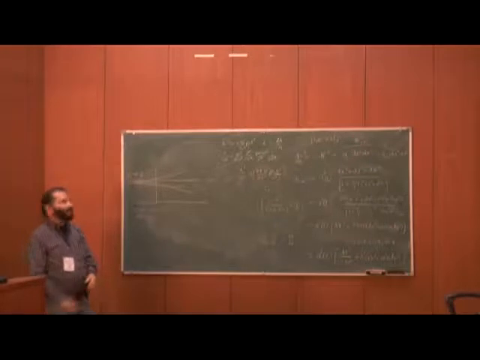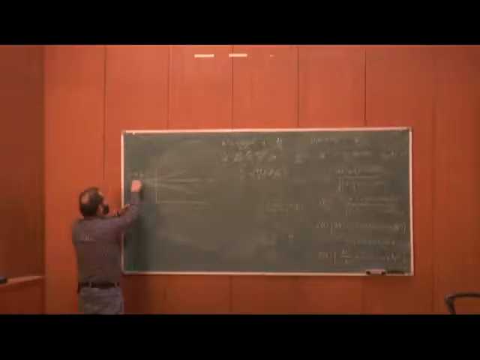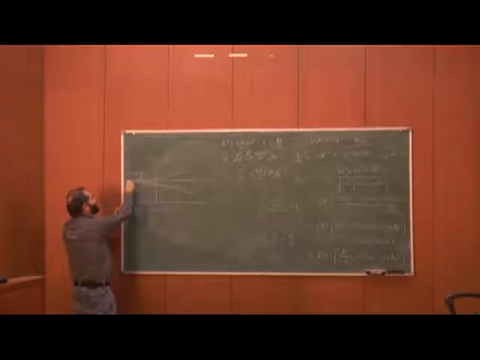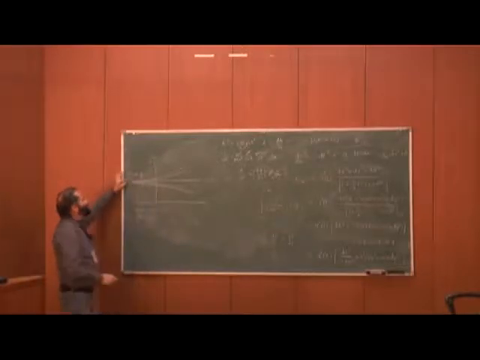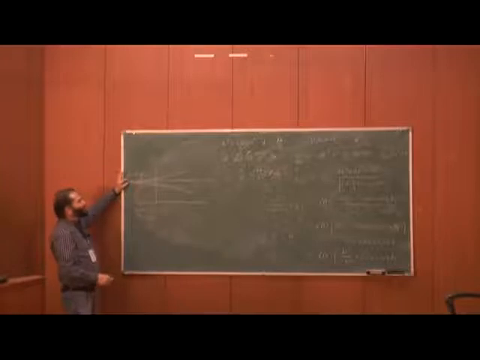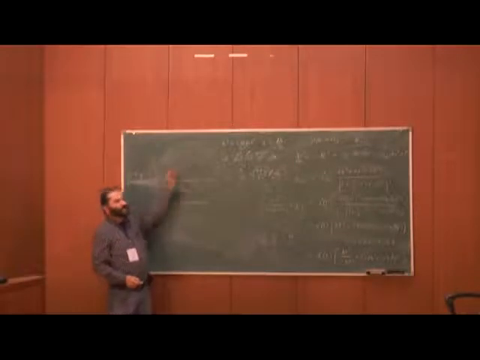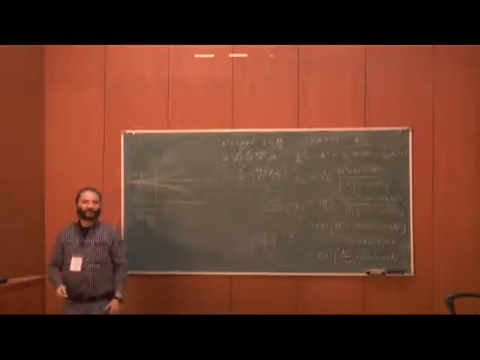So this means that in the far past, very slight, minute deviations from omega equals 1 will give you very different evolutions in the future.